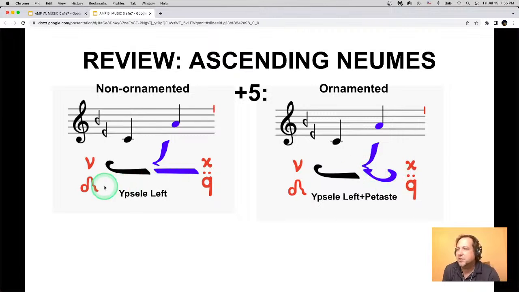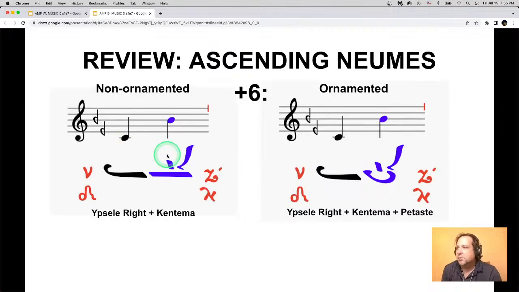You can tell that in most of these compound note cases, the oligon and the petasti serve as platforms. They don't actually serve as an ascending note anymore. The ascending note is considered to be the ypsili. +6, which is the kentima and the ypsili right, in both cases on either the oligon and the kentima.